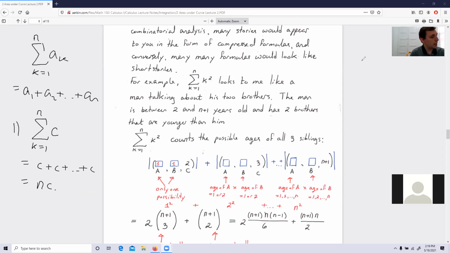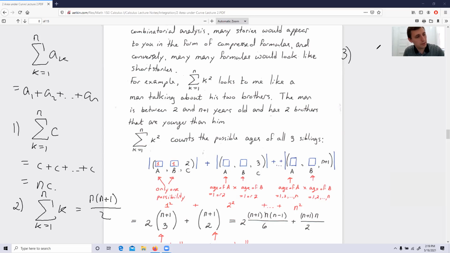Then we have another summation that we can fairly easily figure out, and that's the summation where k is 1 to n of k. That happens to be the last number times the last number plus 1 divided by 2. Then thirdly, we can figure out, and that's what we did last class, I believe, the summation k equal 1 to n of k squared, and we talked about the technique definitely.